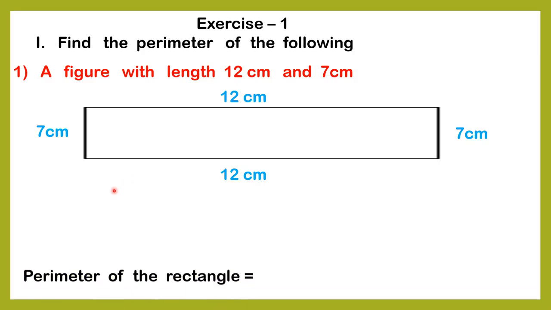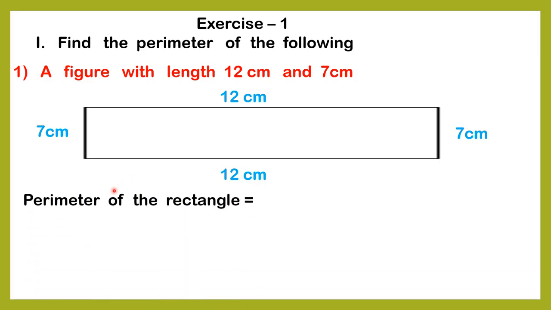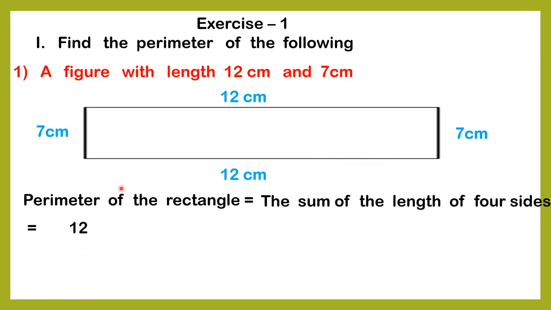So let's begin. Perimeter of a rectangle is the sum of the length of the 4 sides. So I will write 12 plus 7 plus 12 plus 7. Now here children, I will be adding it horizontally. If you want, you can add it vertically and then write the answer.